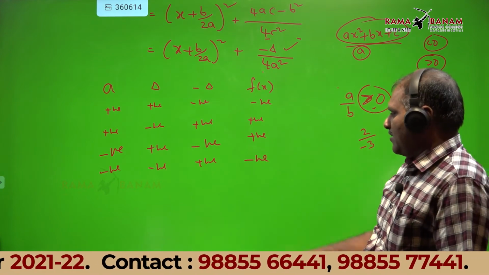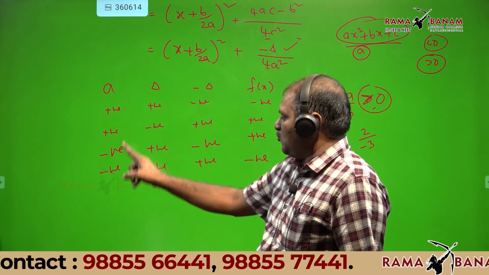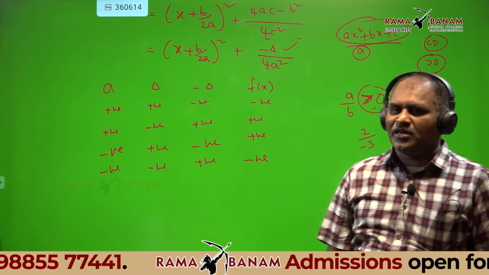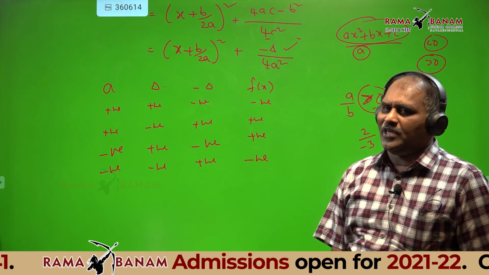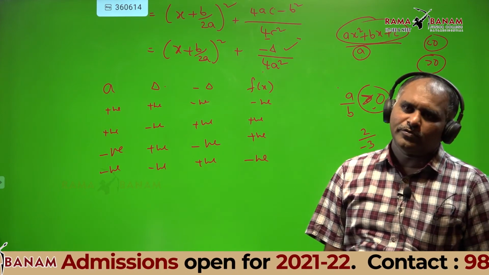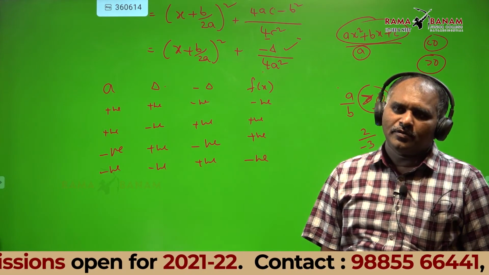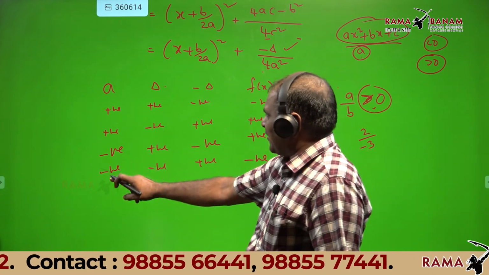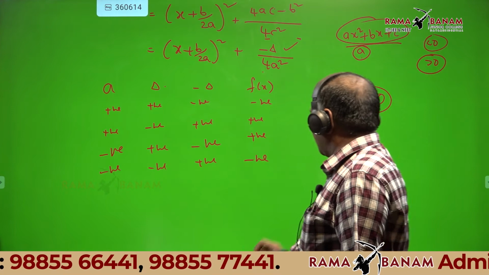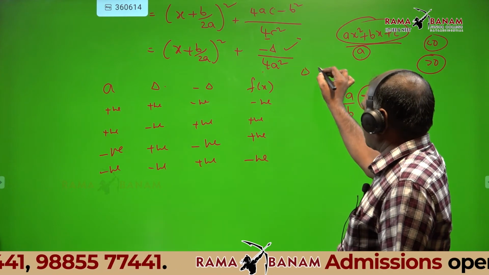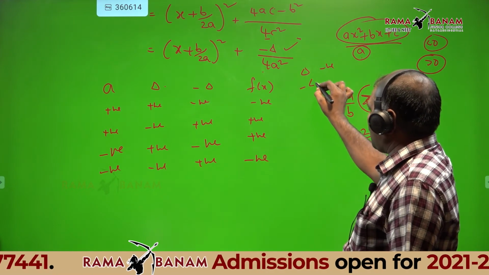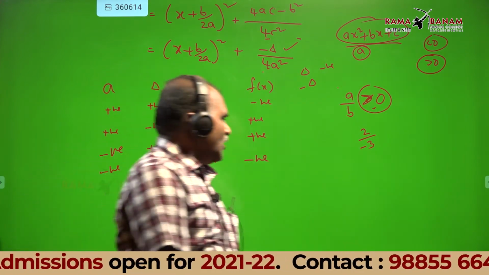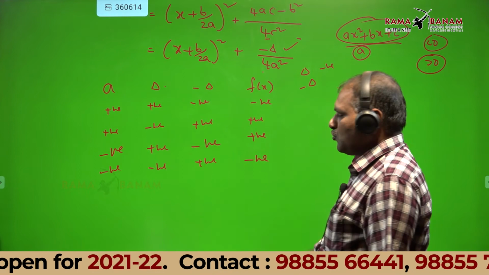Again. Here, this is the a value, negative. Delta value also negative. Delta negative means minus delta is positive or negative? Negative. A negative, delta negative. Delta is negative. That means what about minus delta? Positive. That's why I wrote positive.